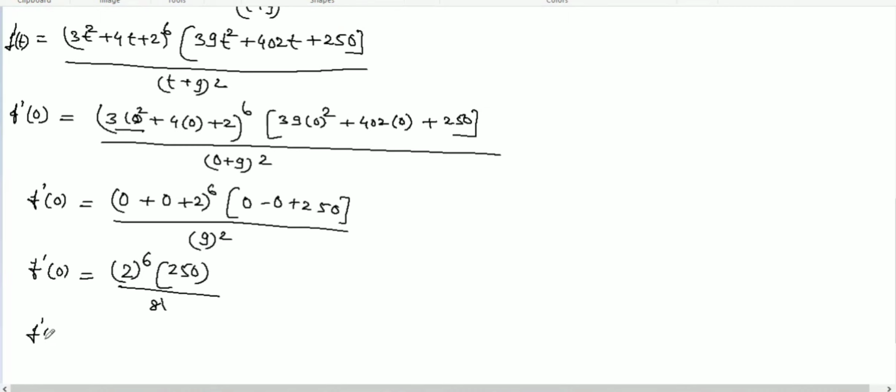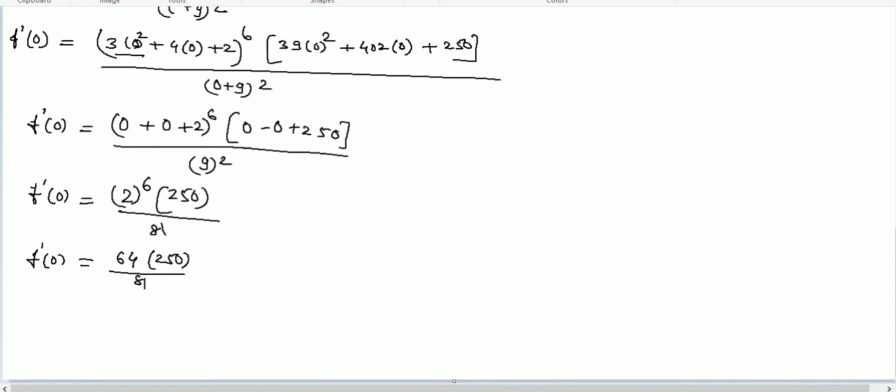Now f prime of 0 is going to be 2 to the power 6 which is 64 multiplied by 250 all over 81, and finally therefore f prime of 0 will be 64 multiplied by 250, which gives you 16000 over 81. This is your answer.